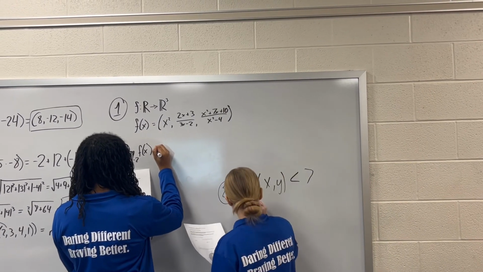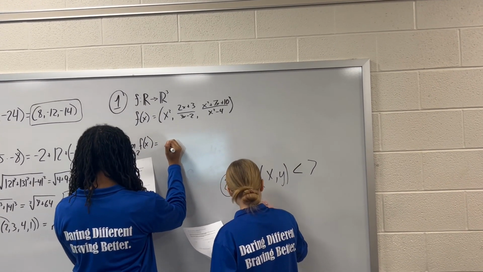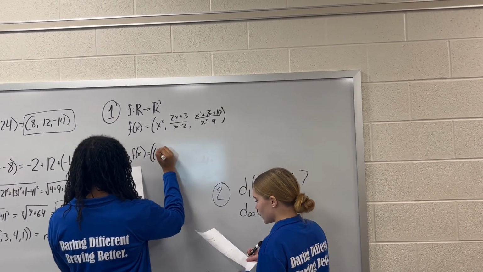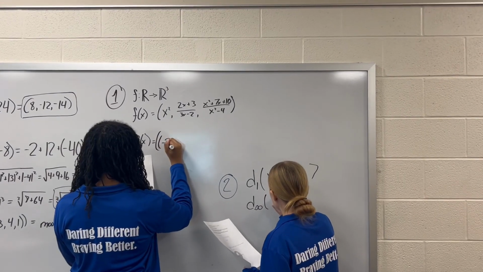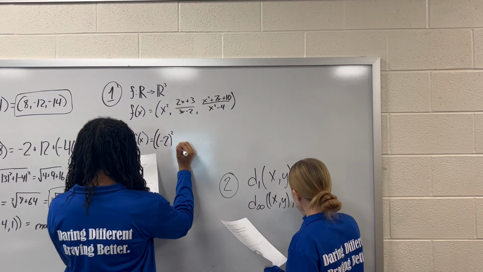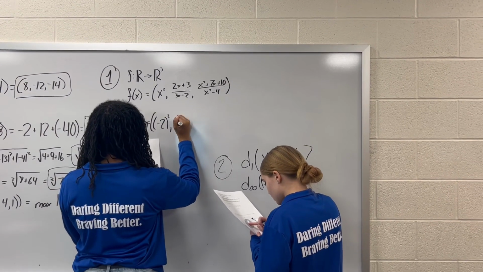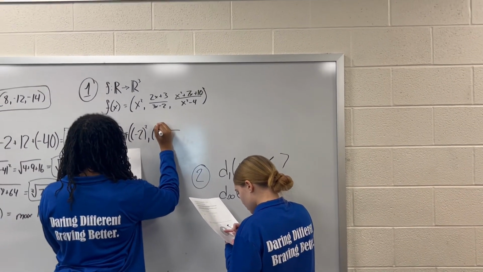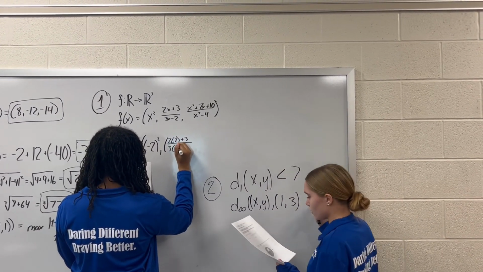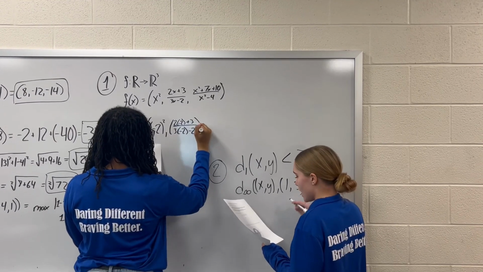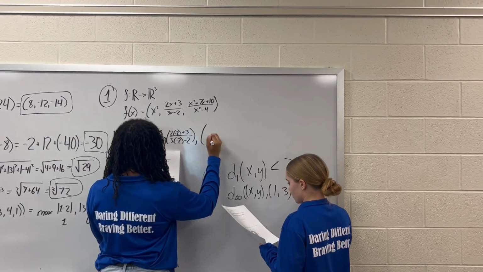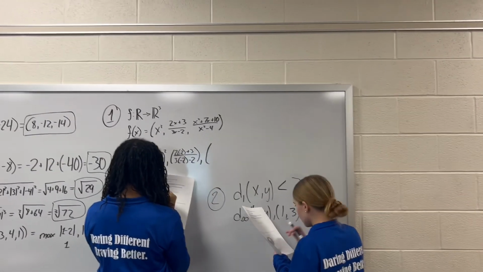And then I have a max metric centered at 1, 3, and that one is greater than or equal to 2.